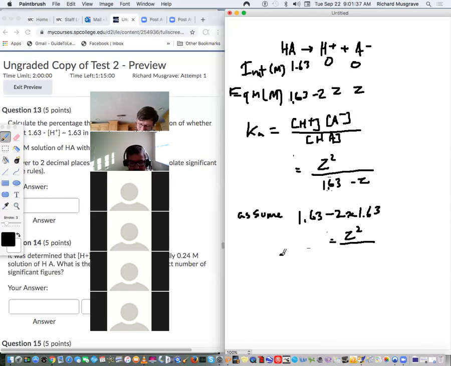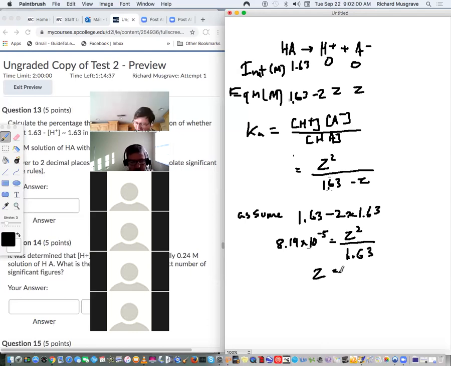And we're given the Ka is 8.19 times 10 to the negative 5 is Z squared over 1.63.